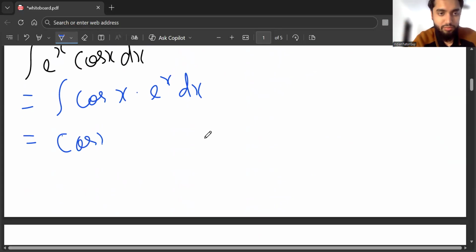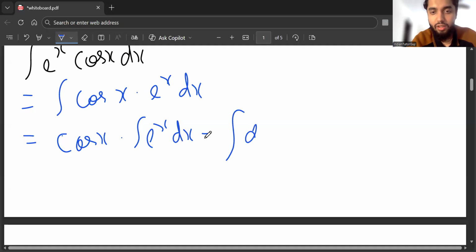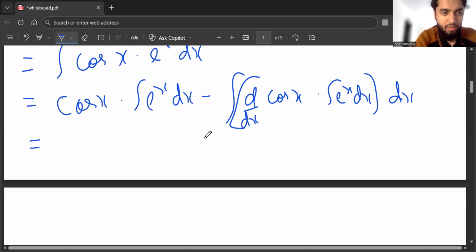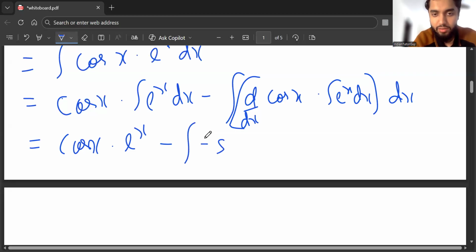So, first function times integral of second function minus integral of derivative of the first function times integral of the second function dx. That will be cosine of x, and integral of e to the x is just e to the x, minus the derivative of cosine, which would be negative sine, and integral of e to the x is just e to the x dx.